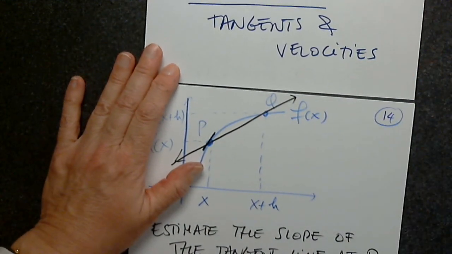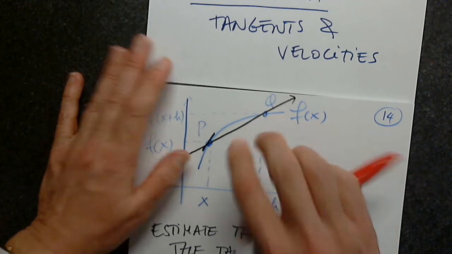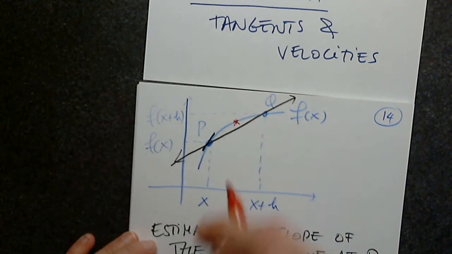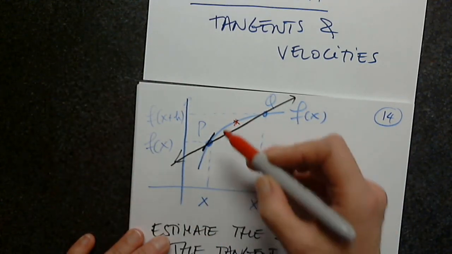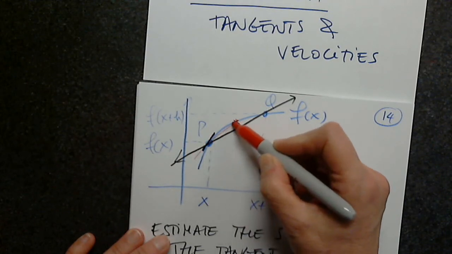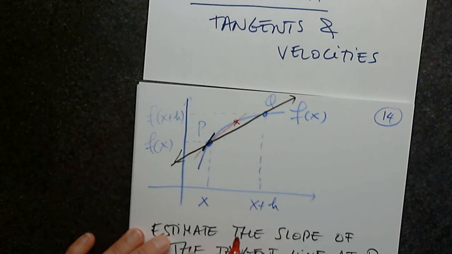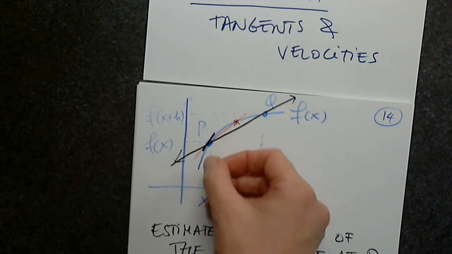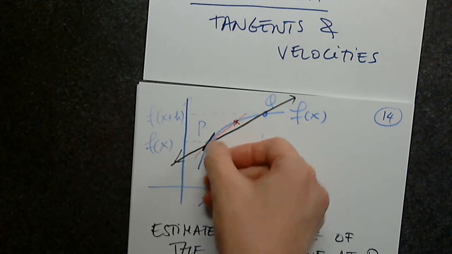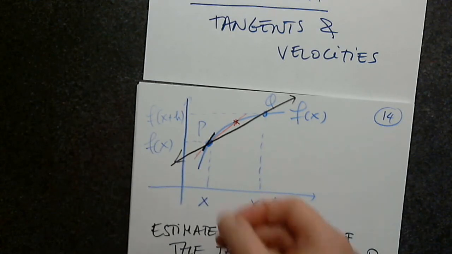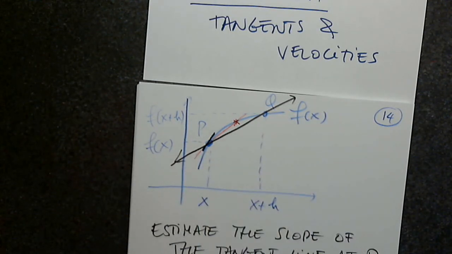Now let's say that I move Q here. I determine the slope of this line. Will the slope of the red line be somewhat closer to the slope of the tangent line than the initial PQ? Yes.